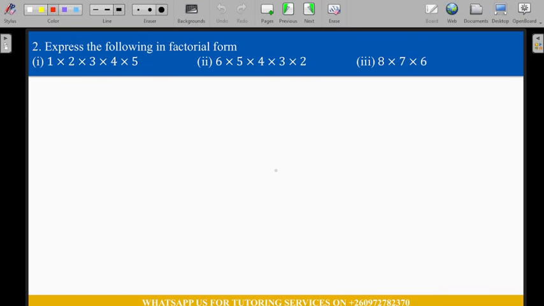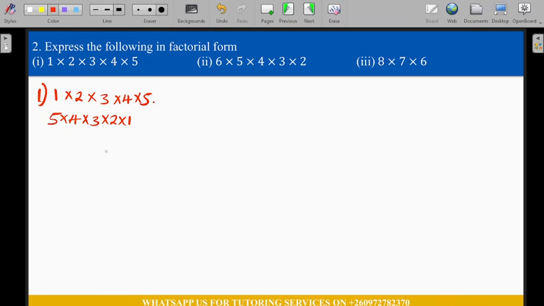So now we move to expressing numbers in factorial form. For part 1, what we have is 1 times 2 times 3 times 4 times 5. We can write these in descending order, starting with the bigger number, which is 5 times 4 times 3 times 2 times 1.